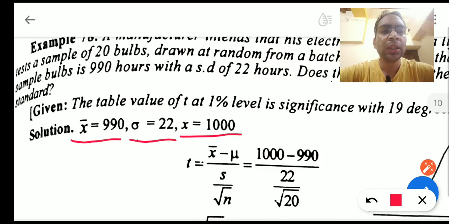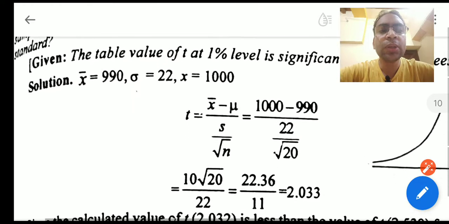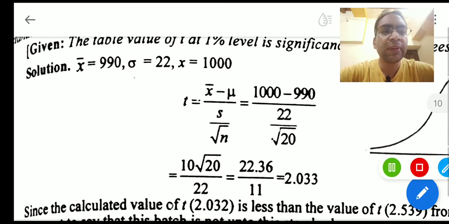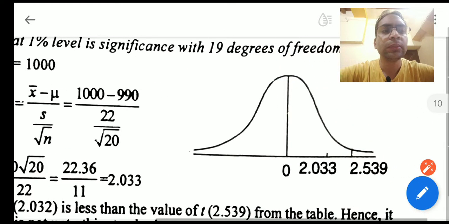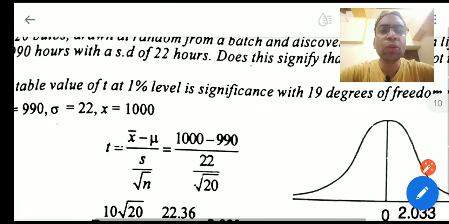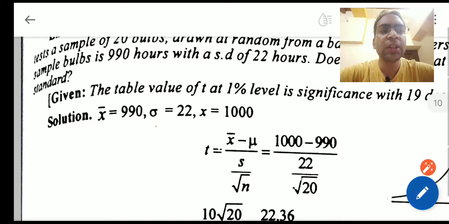We substitute all these values and calculate the value as 2.033. We can also see this graph. Now we need to note one more given piece of data, the level of significance, that is the standard value with which we will compare the calculated value.